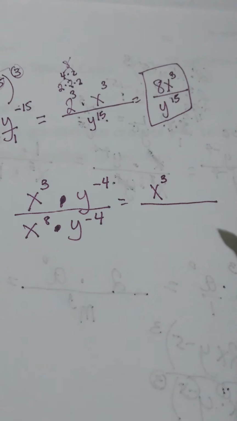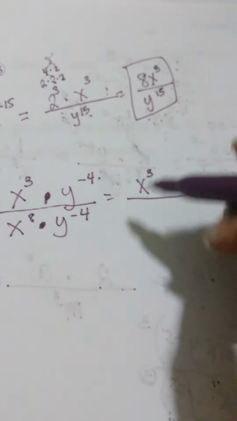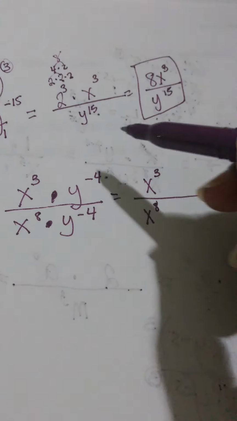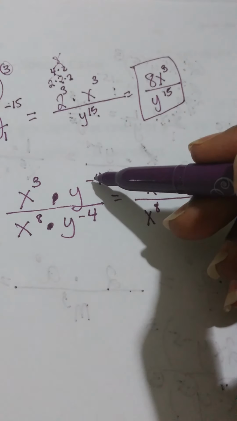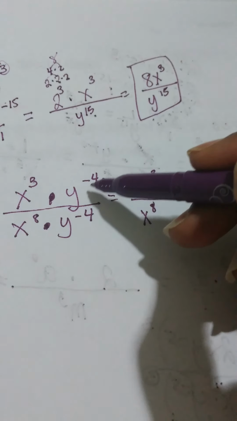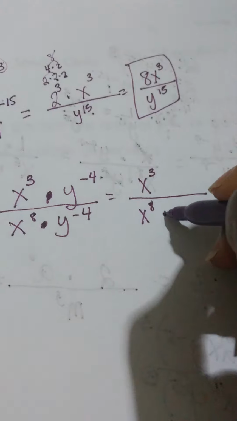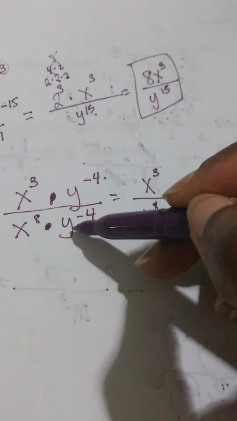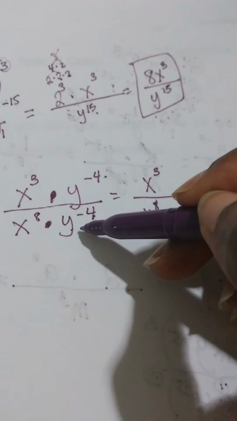If it's positive, I don't do anything to it. X to the 8, positive exponent, I don't do anything. Negative exponents now tell me to flip. So I will take y to the negative 4 and place it at the bottom. Make it a positive.